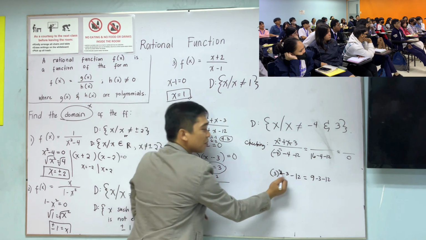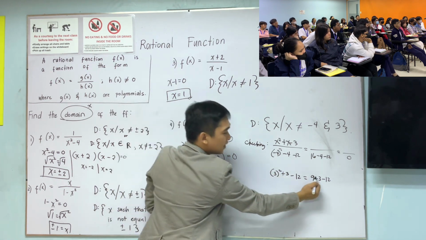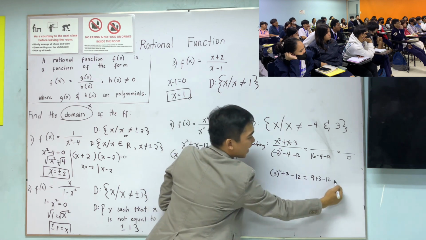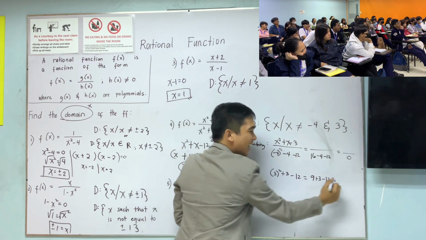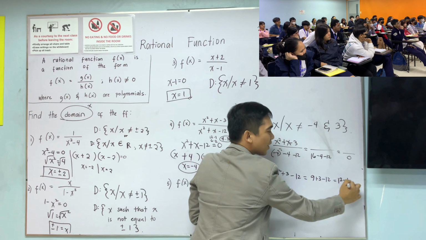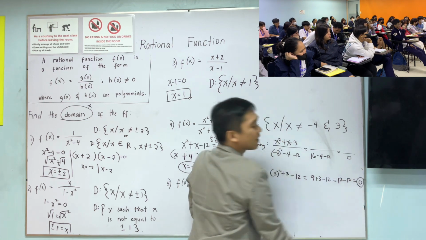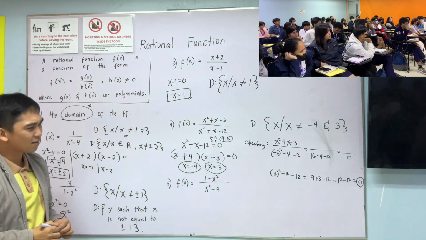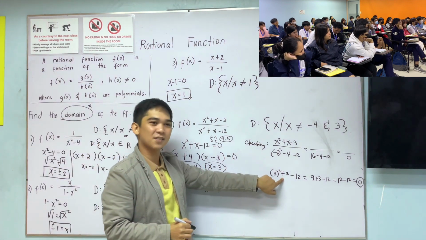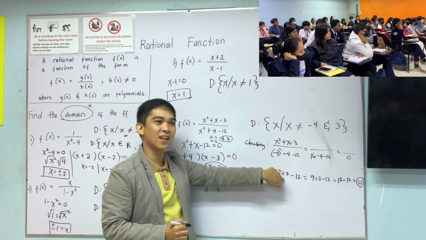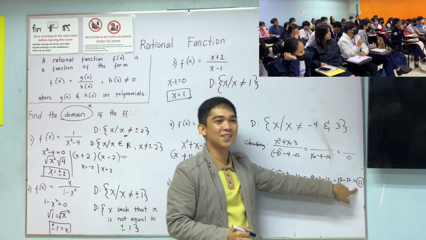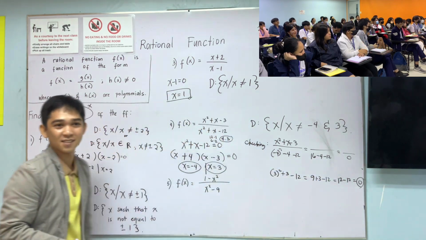Plus to, oh. So, dapat plus 3. 3 squared. Diba? 9 plus 3, 12 minus 12. Yun. So, dapat, check ninyo, kapag mali ka ng sign, kabahan ka na. Ibig sabihin, ala, ba't di siya nag-0? There's something wrong in the process.